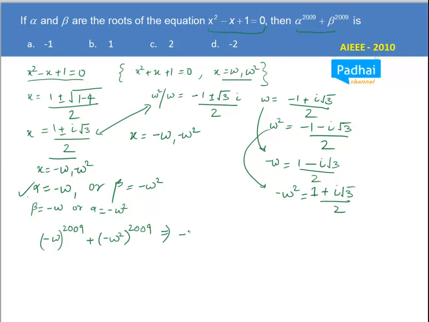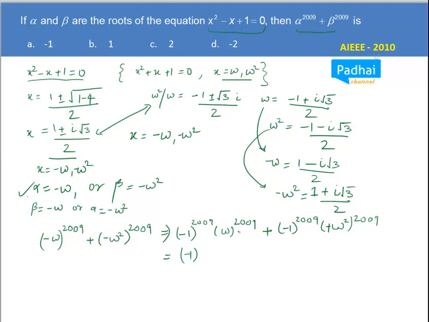I'm writing it down for those who do not know how this comes out. This will be minus 1 raised to power 2009 times omega raised to power 2009, plus minus 1 raised to power 2009 times omega square raised to power 2009. Minus 1 raised to power 2009 is minus 1 only, because it's a power of odd integer 2009.